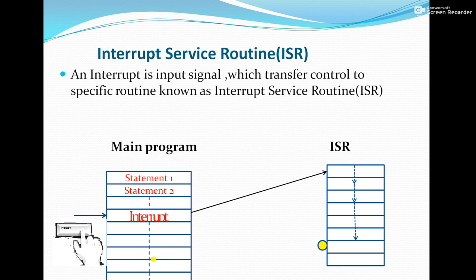After executing the statements of ISR, once again the control comes back to the main program. That is the working of ISR. I hope everybody understood the basic concept of interrupt.